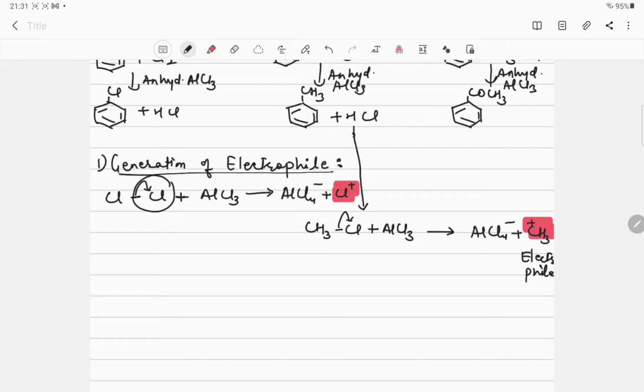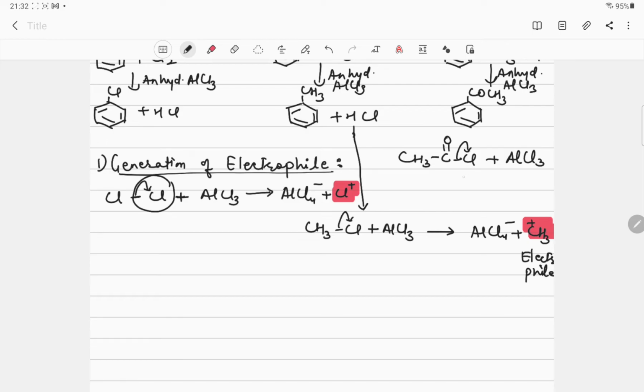Now what about in the Friedel-Crafts acylation? How is the first step here? Here we have the reagent, that is CH3COCl. Now CH3COCl we may write like this also, so that we may better understand, plus AlCl3. Now it will cause the heterolytic cleavage of this bond.